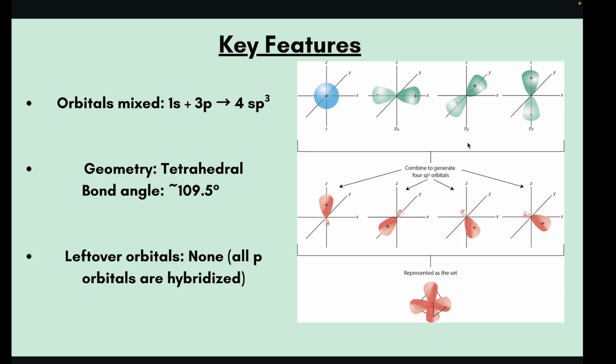Molecules with sp3 hybridization have tetrahedral geometry with 109.5 degree angle, and these molecules have no leftover orbitals. All the p orbitals are hybridized.